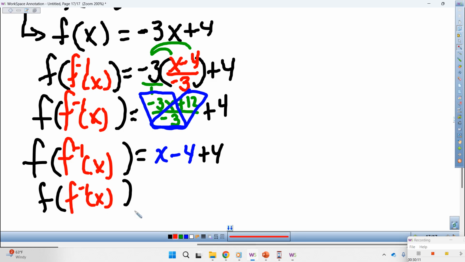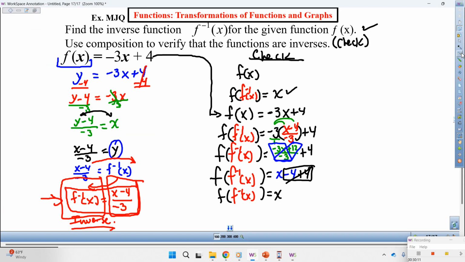When we substitute the inverse, what happened? What is -4 plus 4? They cancel, yes? And that leaves us with x. We're still not done. So we're done up to right here by checking this, yes? Well, now we need to do the other way.